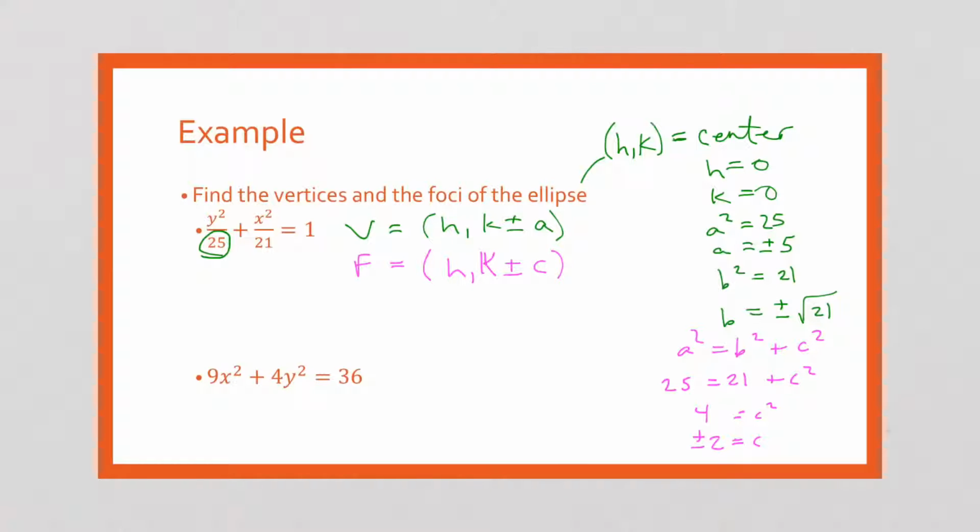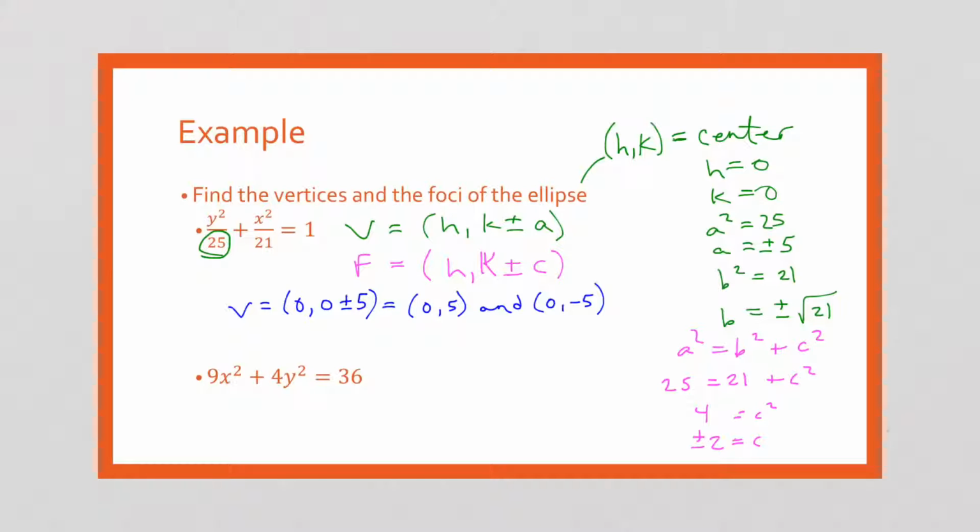Now I can plug into my formulas. So V equals h, which is 0, comma, k, so 0, plus or minus a. Well, plus or minus 5, which means my two points are 0, 5, and 0, negative 5.